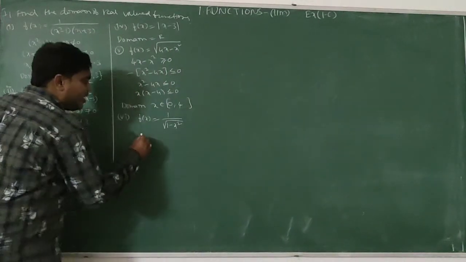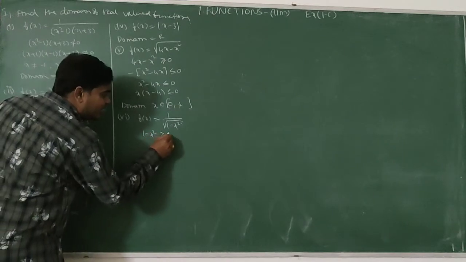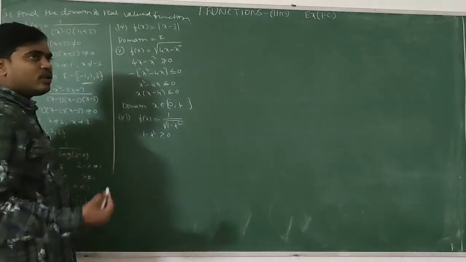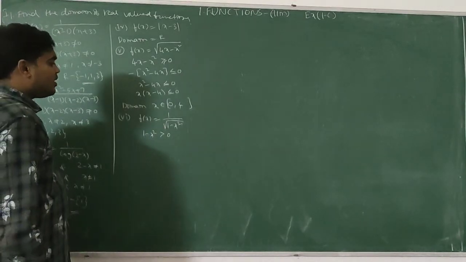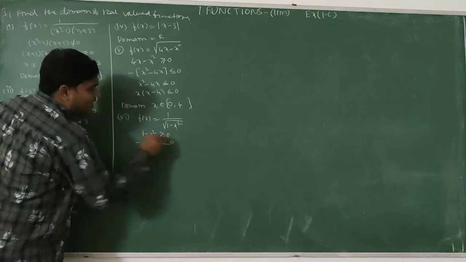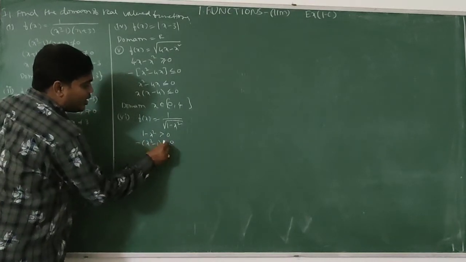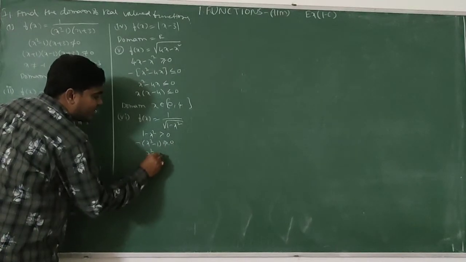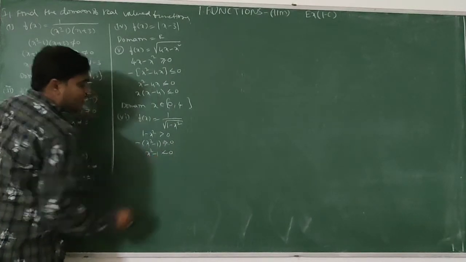So 1 minus x square greater than 0. If it is equal to 0, the denominator may be 0, then such a function does not exist. Bringing minus outside, multiplying with minus, x square minus 1 less than 0.